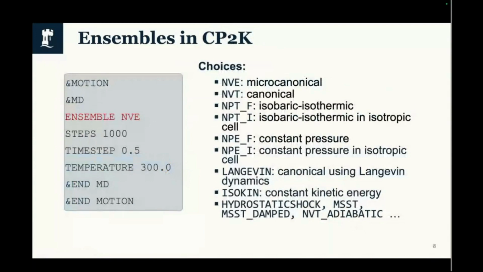So we can set up our chosen ensemble like this by putting in the keyword and value. We can change it to any of these listed here according to your requirements.